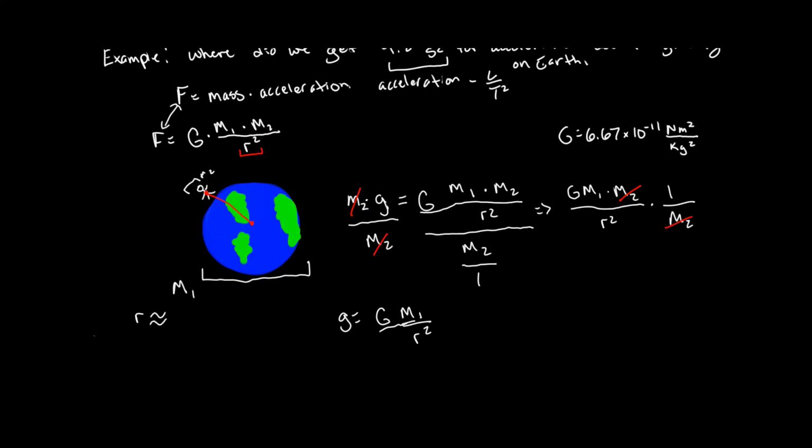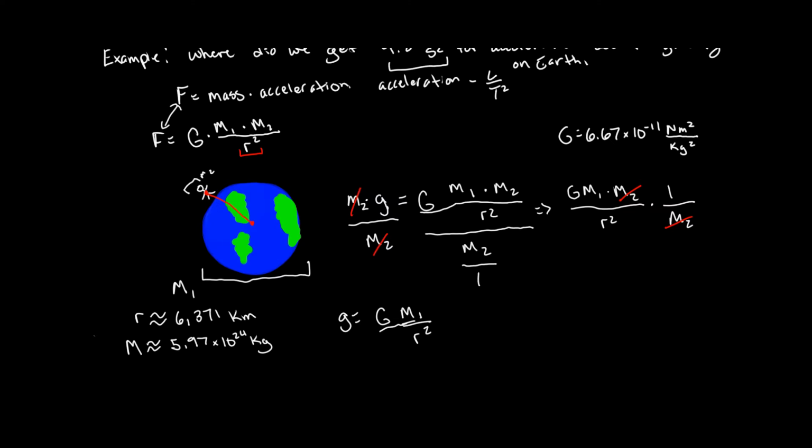The radius of the Earth is about 6,371 kilometers. Easy enough, right? And we also know the mass of the Earth is about, we're going to put it in scientific notation for fun here, times 10 to the 24 kilograms.